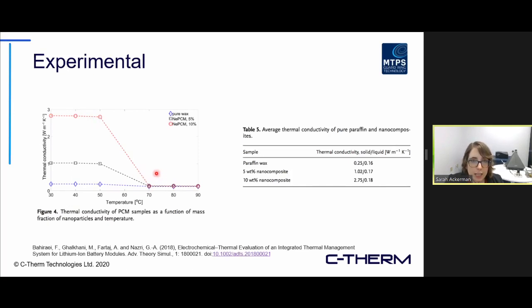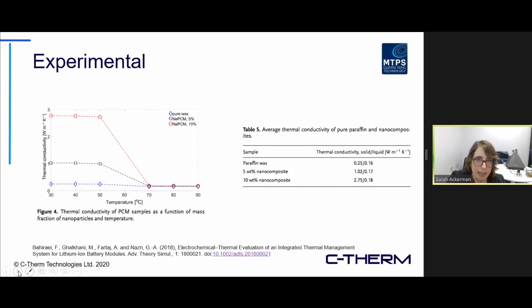However, you'll notice that after the material melts, this effect disappears, and that's actually pretty common. Nanofluids will tend to have only a modest improvement on the thermal conductivity compared with a solid nanocomposite. But in the solid phase, the thermal conductivity is a more dominant and more important heat transfer mechanism.